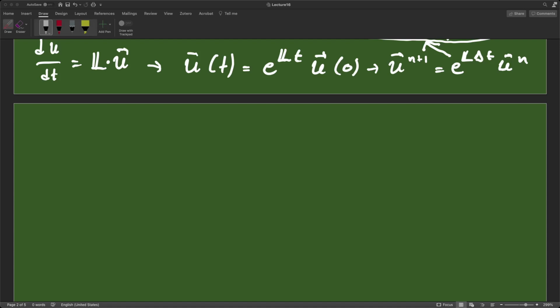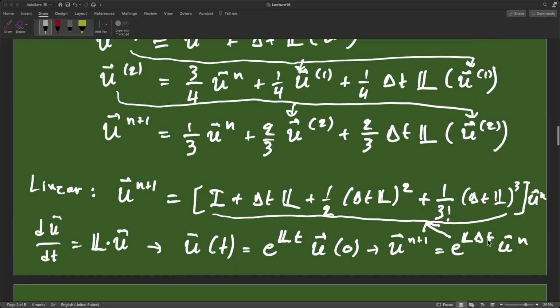Okay, now as we discussed before, the Runge-Kutta methods are not time symmetric. Even though this operator e to the L delta t is symmetric under time reversal, so if delta t changes to minus delta t, then Un+1 and Un change places and this equation stays the same, this is not true for the discrete version.